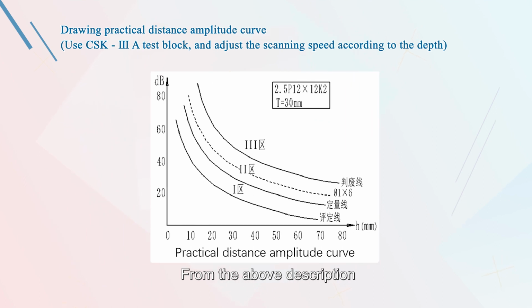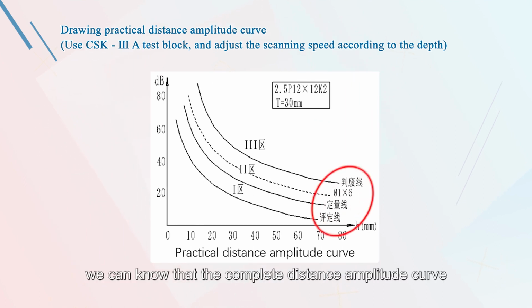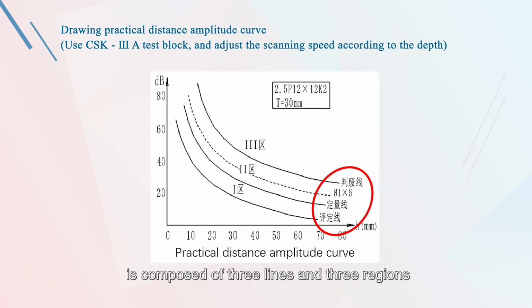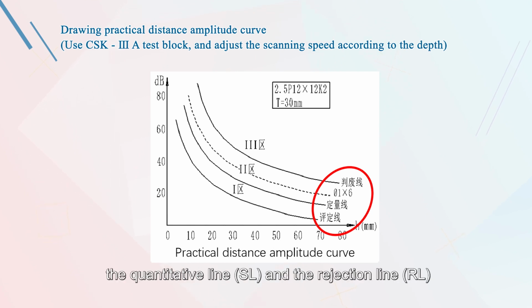From the above description, we can know that the complete distance amplitude curve is composed of 3 lines and 3 regions: the evaluation line, the quantitative line, and the rejection line.